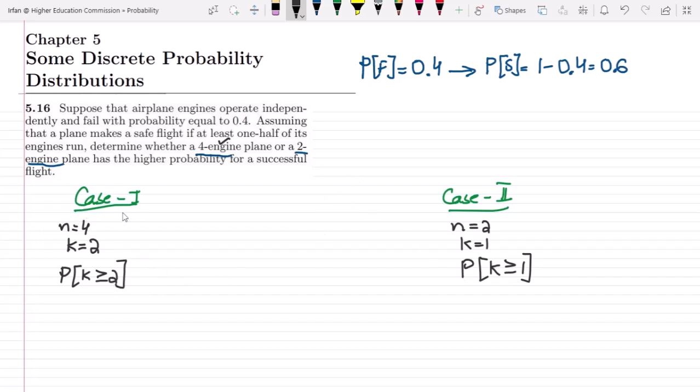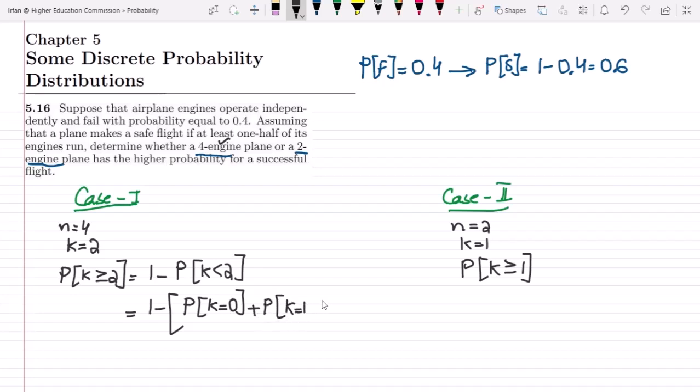Now let us proceed to case 1. Here we can very clearly see that this is equal to 1 minus the probability that k is less than 2. So 1 minus the probability that k is less than 2 would be the probability that k is equal to 0 plus the probability that k is equal to 1.